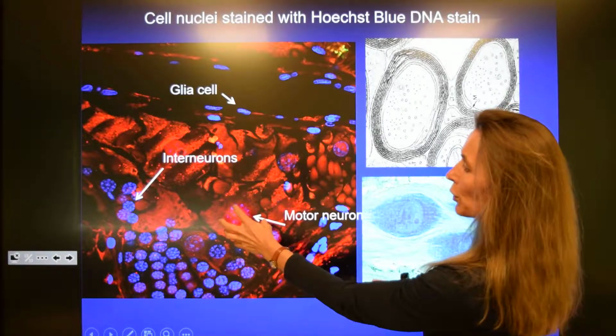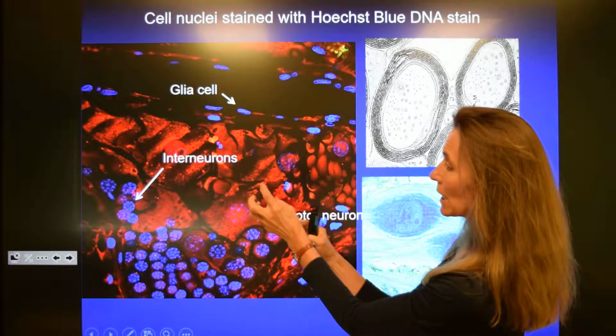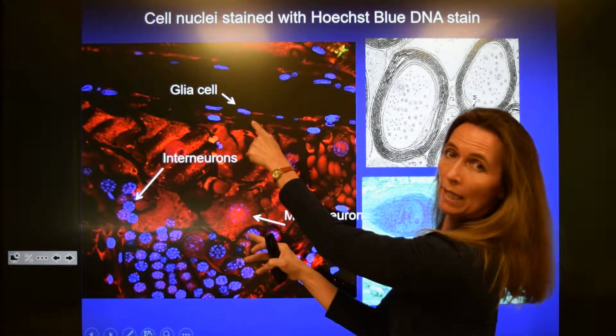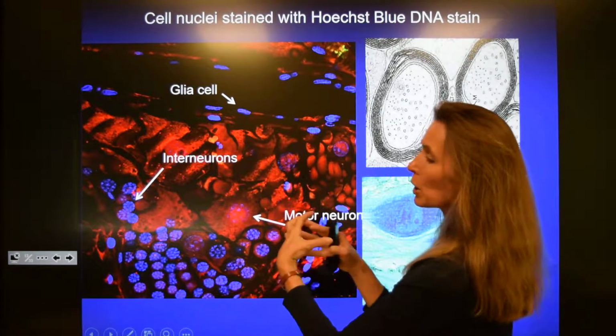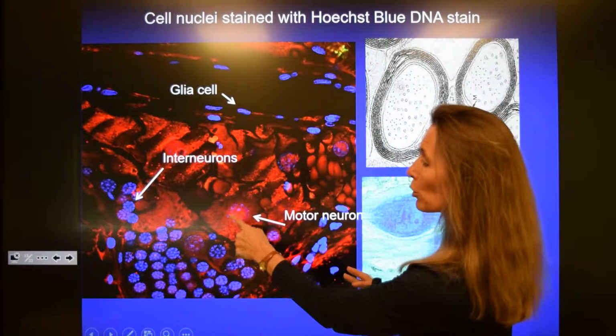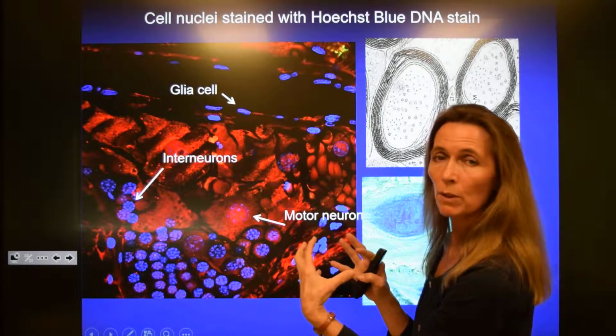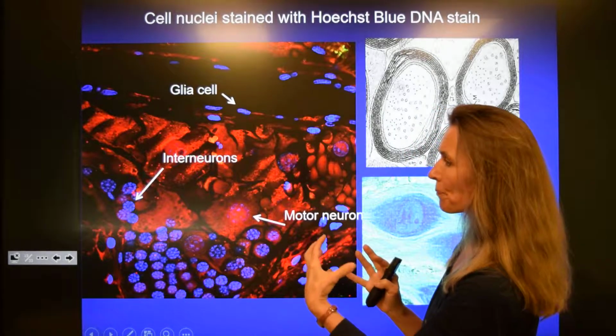In those larger neurons, the genetic material, which is the same as in these nuclei here, is spread over a much wider area, and for that reason it's much dimmer, because we have a bigger volume where the same genetic material is contained.